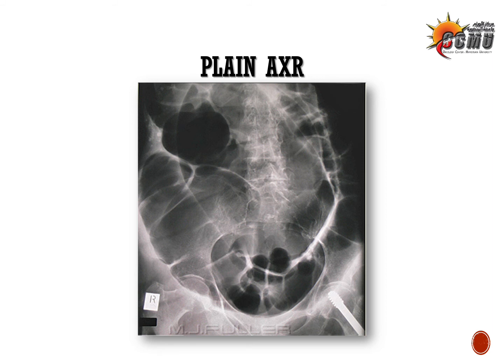And in better films, it would have shown a sign called the coffee bean sign. We'll get to that in a minute. But I also want you to notice that his left femur has a prosthesis. So you may encounter strange structures in the film. Don't be puzzled by that.